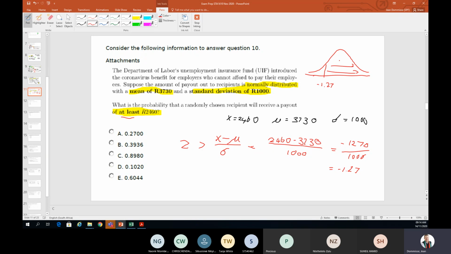Okay, so I will go to my negative table where it is minus 1.27.